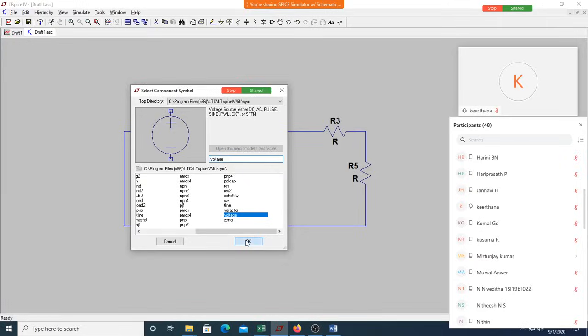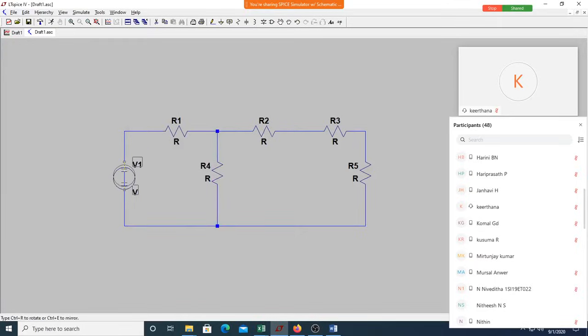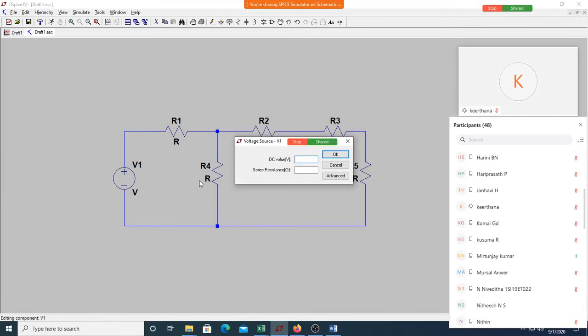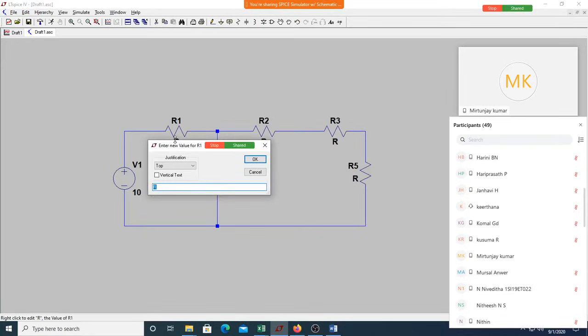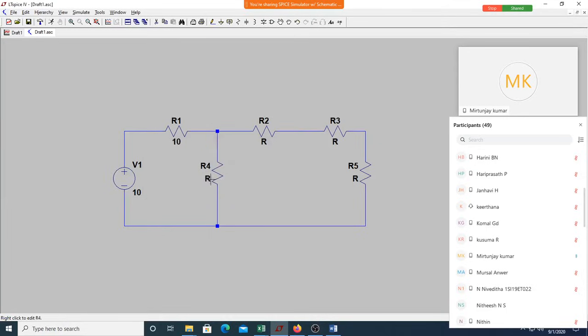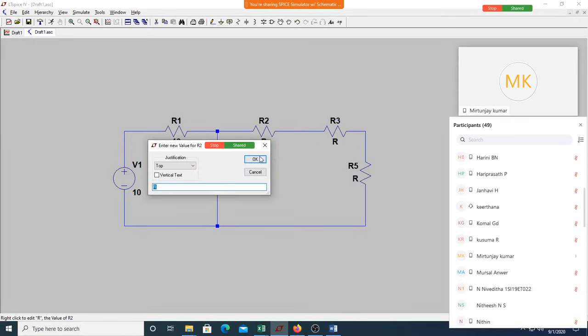Let me take a voltage source and put it here. Mrutyunjay, how much voltage do you want? 5 volts. Give some other value. 10. Good, this is 10 volt. Name of the source, and give some value for R1. 10 ohm, done. R2, 20, done.